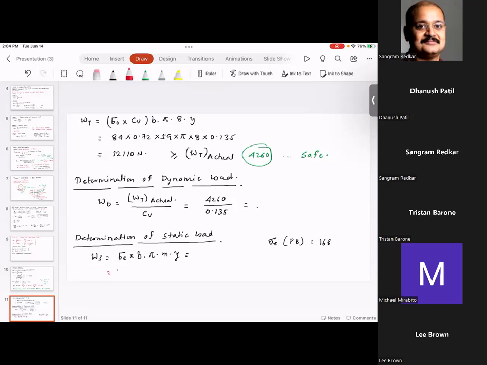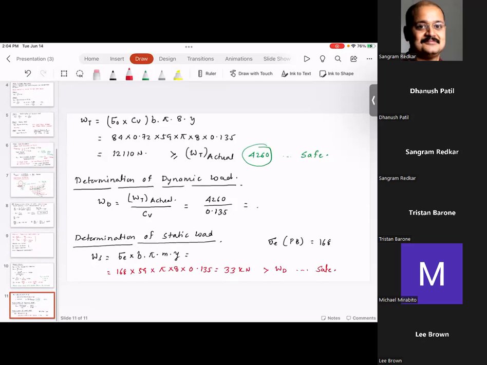So you have 168 times 59 times pi times 8, 0.135, which is 33 kilonewtons. Which is greater than WD. So safe.